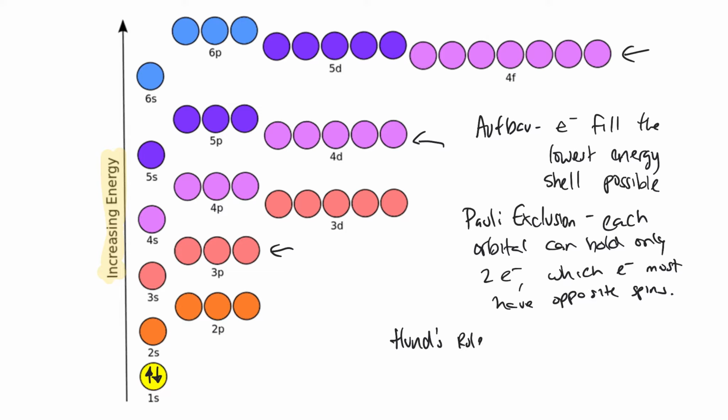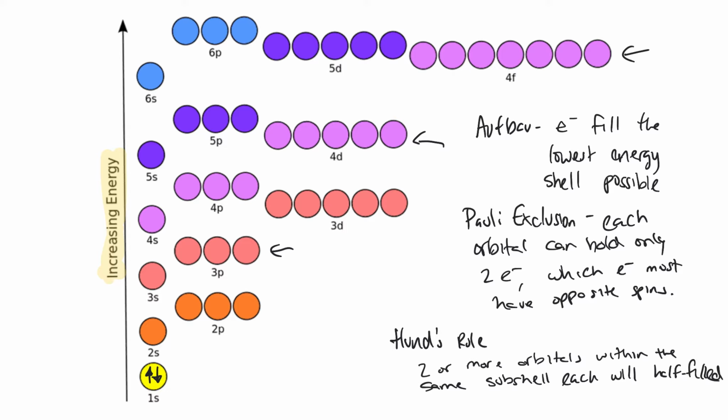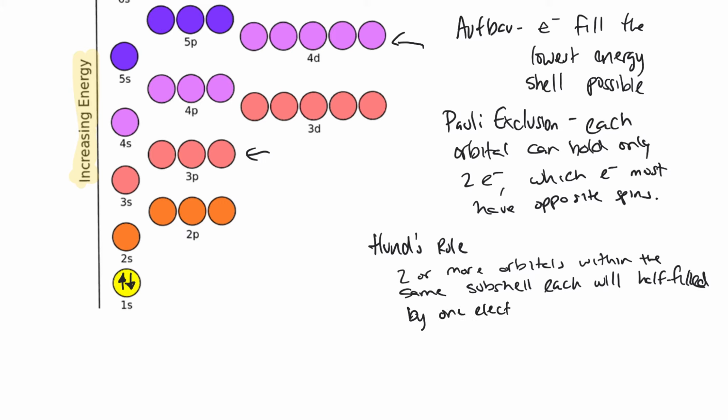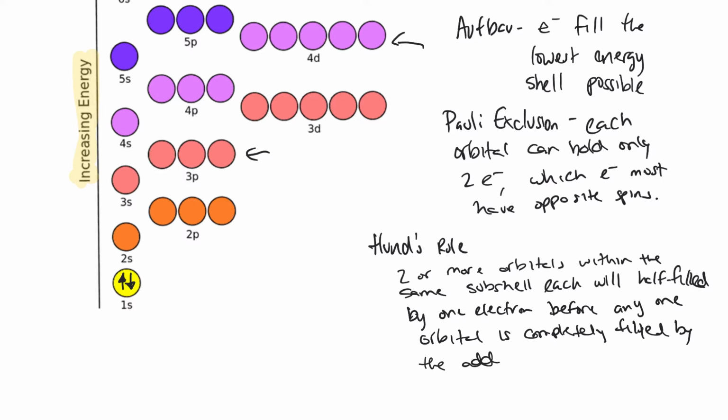Hund's rule basically states that if you have 2 or more orbitals within the same subshell energy, each will be filled, or half filled, let's use that term, half filled by 1 electron before any one orbital is completely filled by the addition of the second electron. Okay, now let me make this make sense.